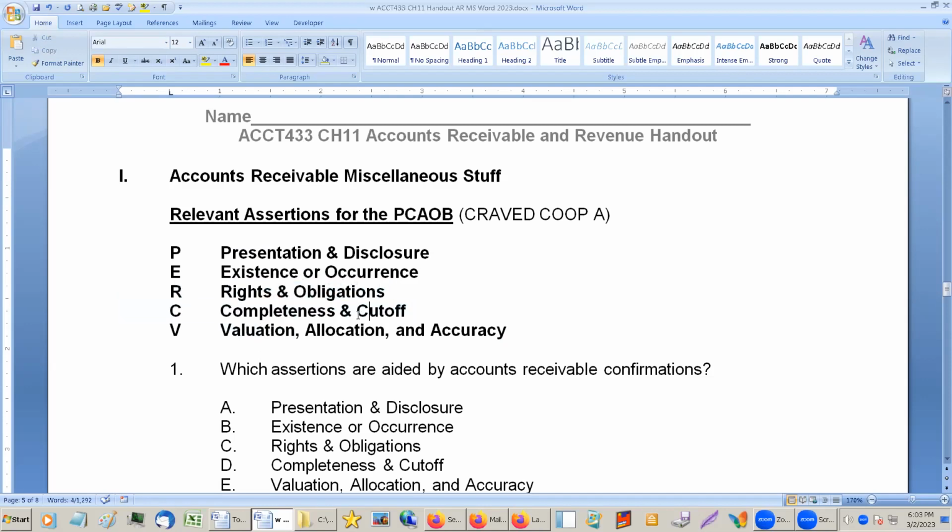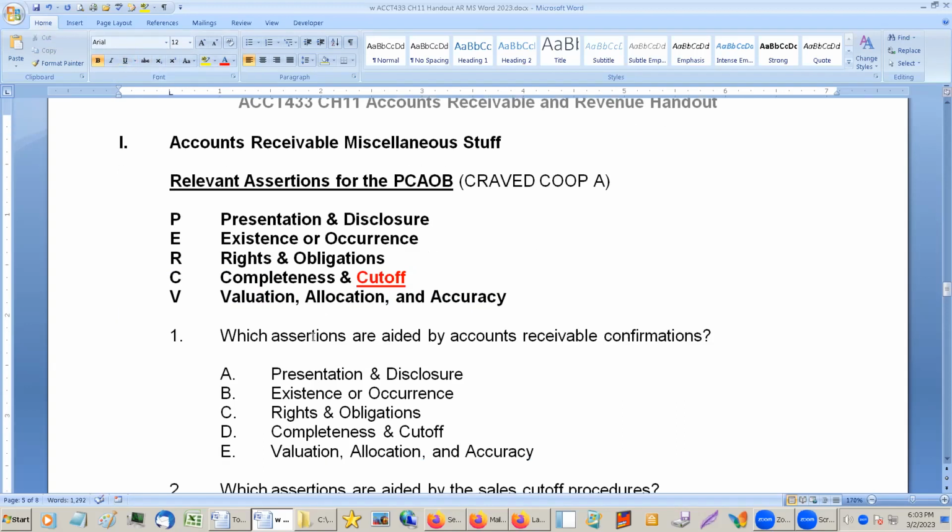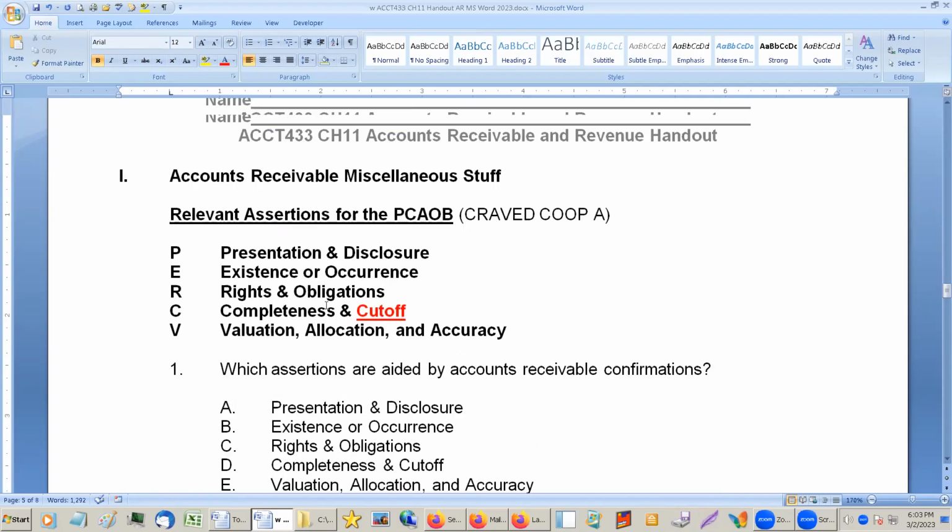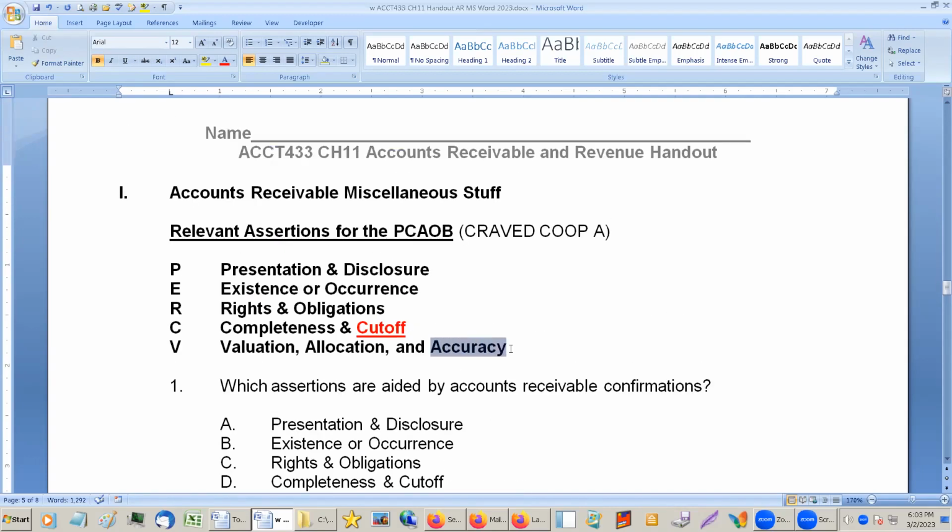Completeness and cutoff. Cutoff is new, so that one I would say was more likely to be tested. And valuation, allocation, and accuracy. Accuracy is per transaction. It's not for the financial statements as a whole.